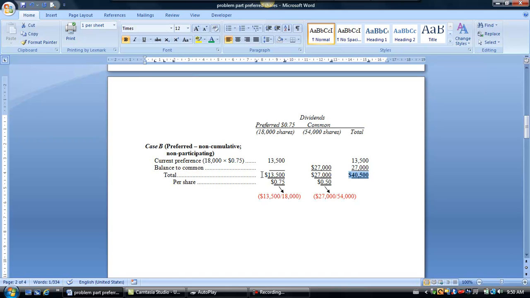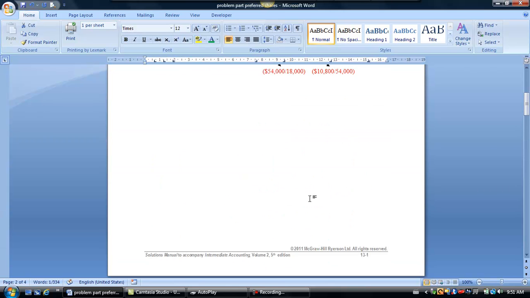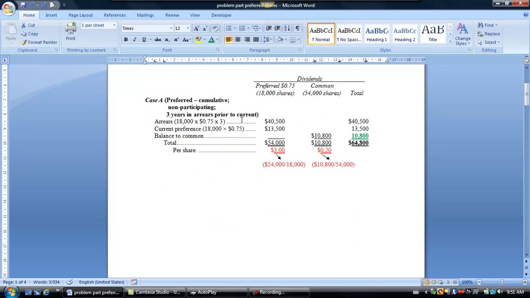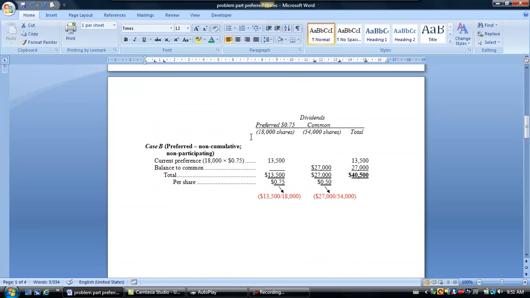So the total amount of dividends going to preferred is 13,500, and to common would be 27,000. We can see in this case that the per share dividend on the preferred is exactly what we were given up here, which is 75 cents a share, because that's the current year dividend, and that's all these guys are getting.